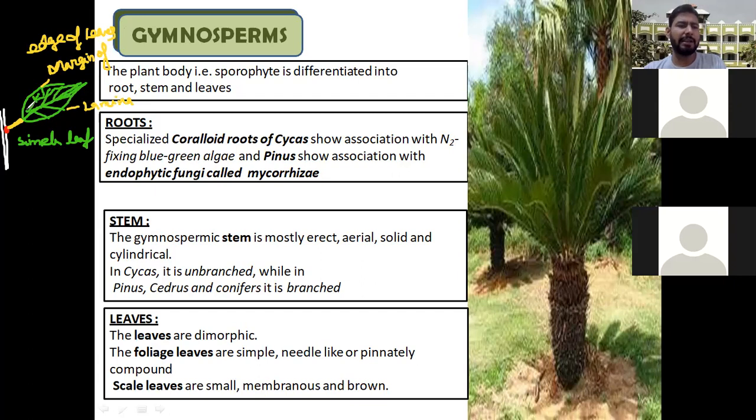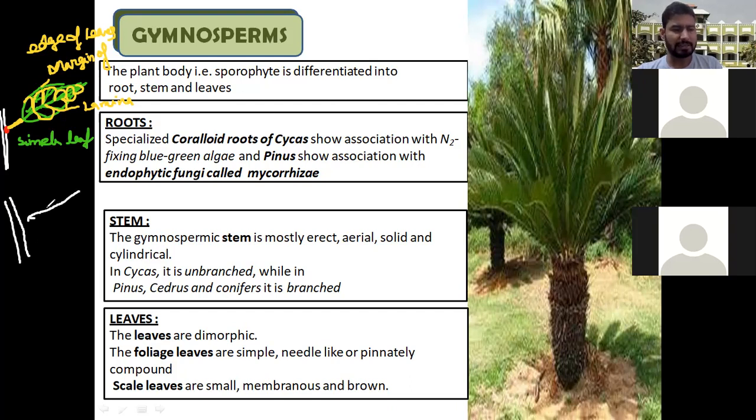What happens if the incision arrives up to the rachis, the midrib? In a simple leaf, the incision does not reach the midrib. But if it arrives up to the midrib, then you can see the structure will change. Now look at the structure of the leaf. It will be like that.